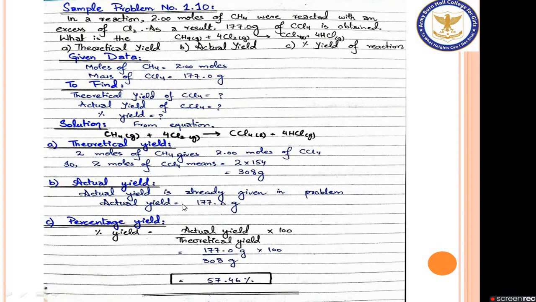Now we have both the theoretical yield and actual yield. For the calculation of the percent yield, we use the formula actual yield divided by theoretical yield multiplied by 100. By putting the values, the grams cancel out with each other, and after solving this, the percent yield of this reaction is equal to 57.46%.